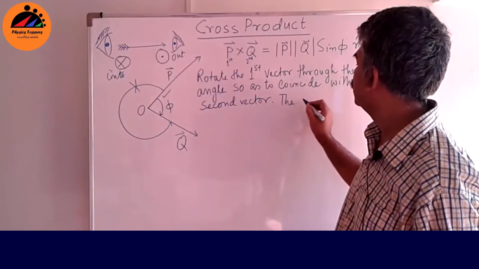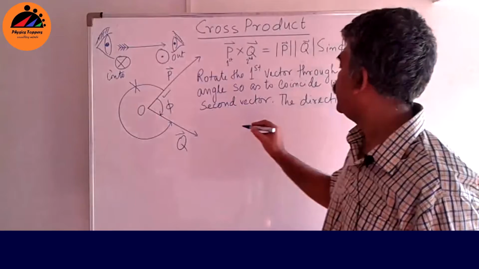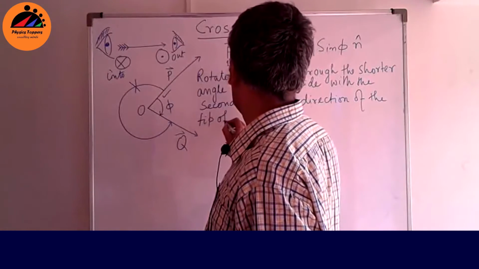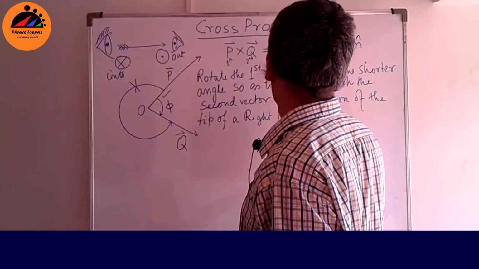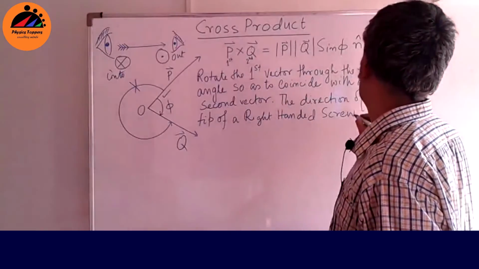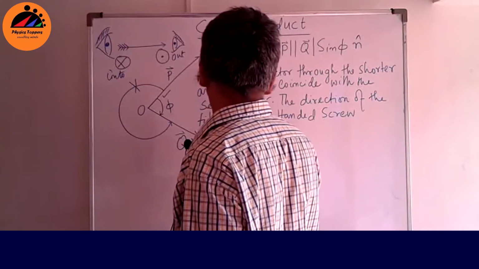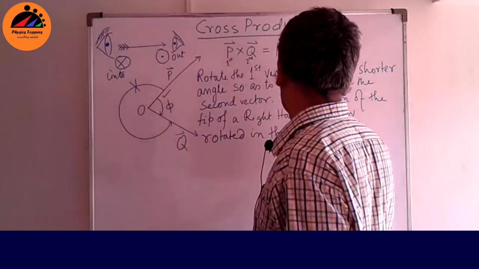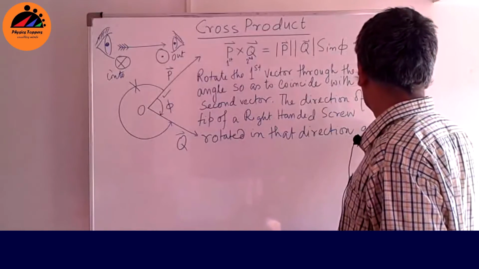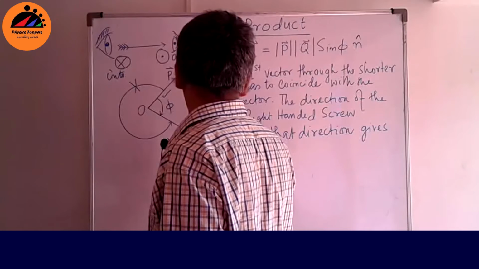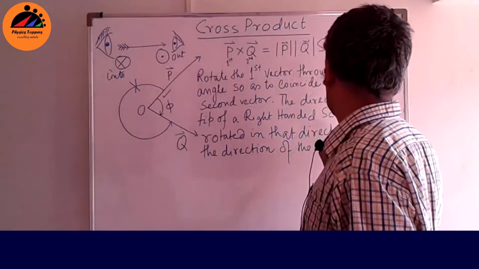The direction of the tip of a right-handed screw rotated in that direction gives the direction of the vector.